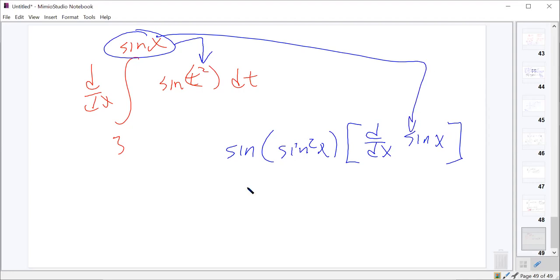So this becomes the sine of sine squared x times cosine x. Does that make sense to everybody or no? Yes, it makes sense.